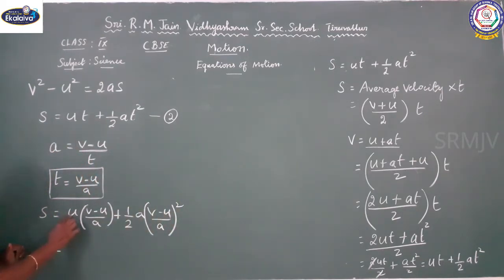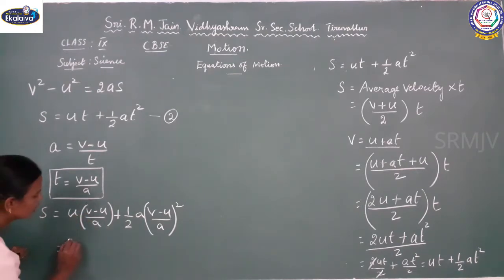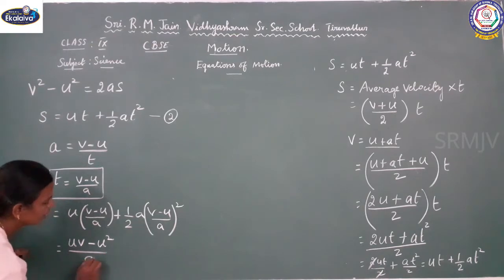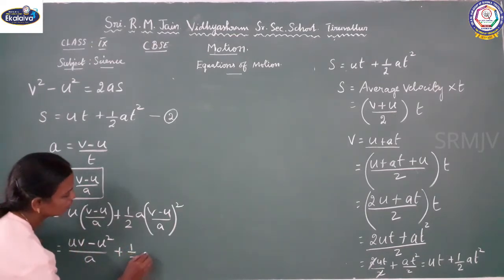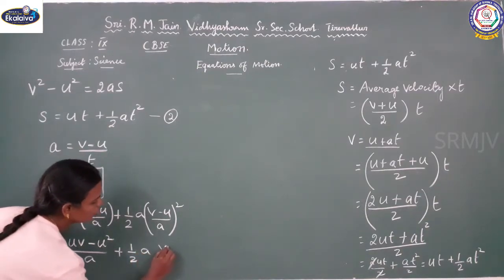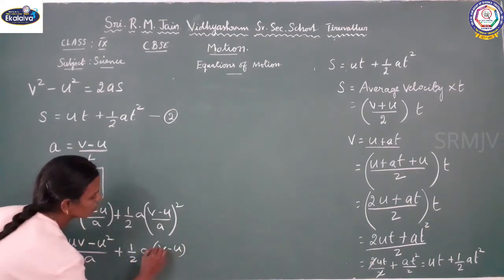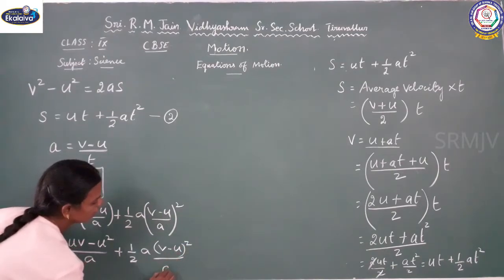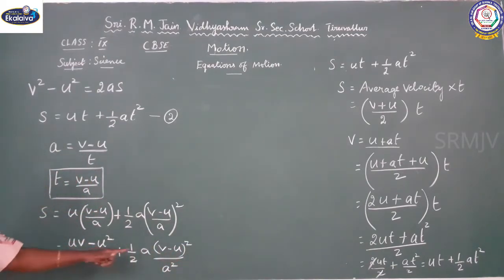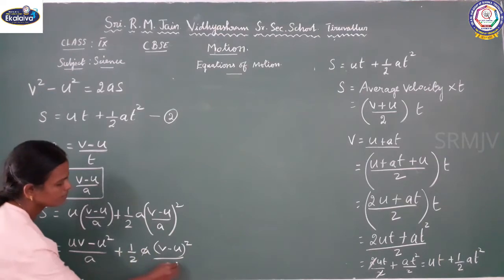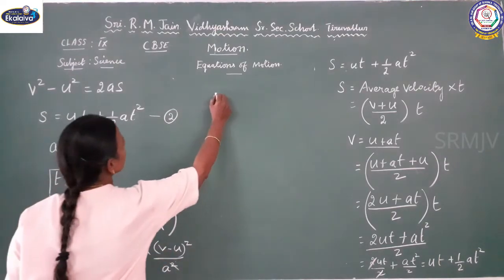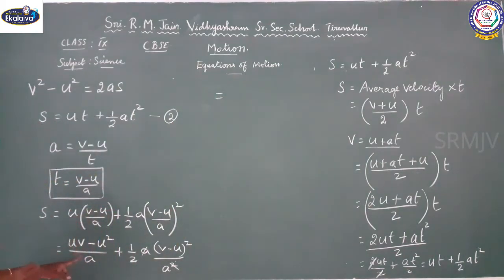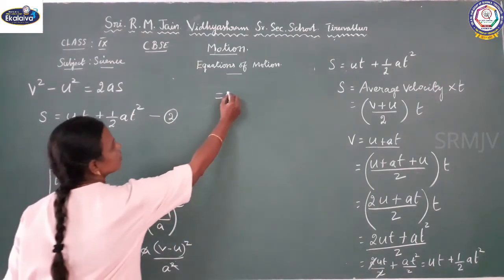Next, u into v is uv minus u squared divided by a, plus half into a into v minus u squared divided by a squared. Now a cancels.